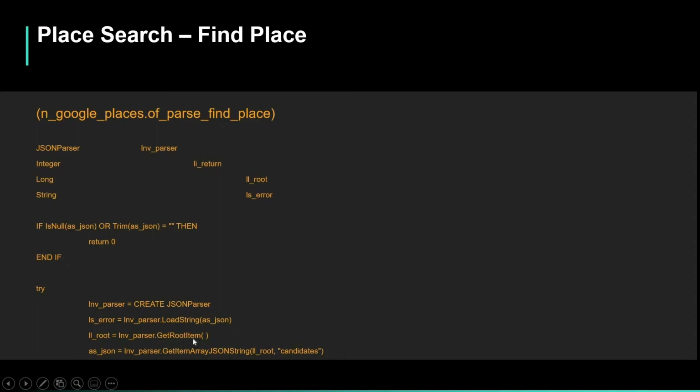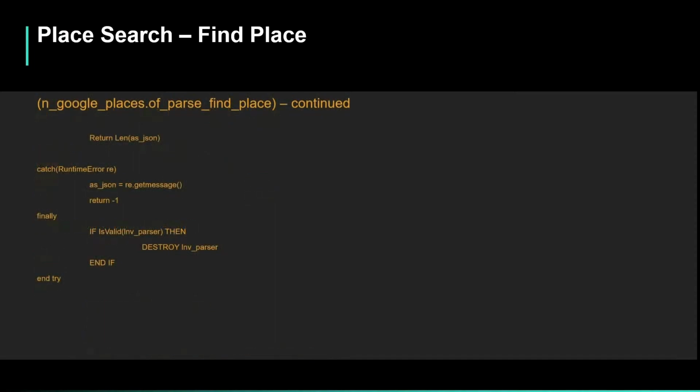We start by getting the root item, and the top level object is called candidates. So in this case, we do a get item array JSON string. We pass the root that we just got and a string for candidates. And then we return the length of the JSON that's been manipulated.